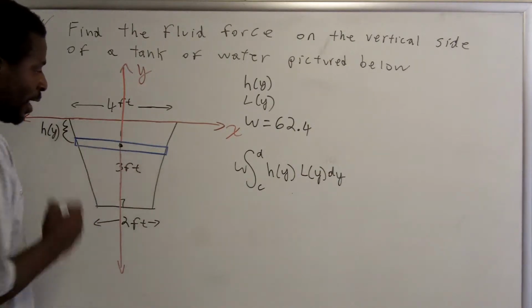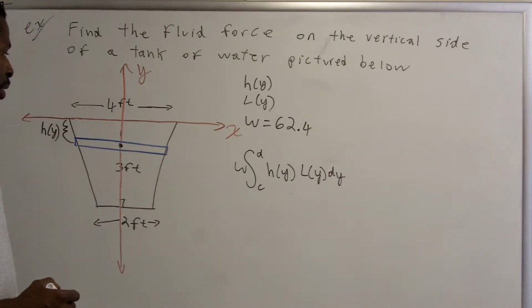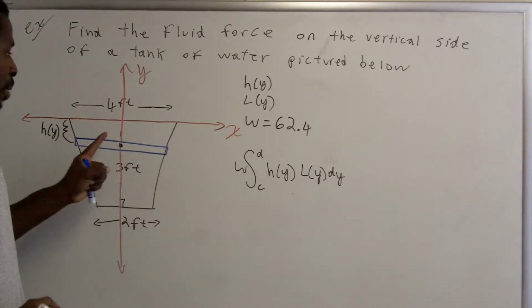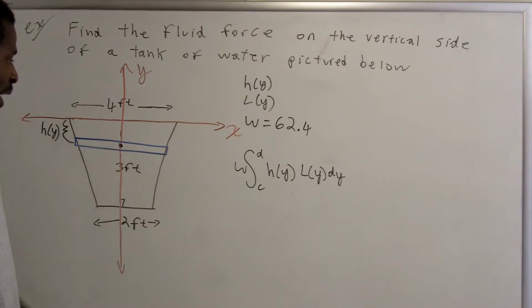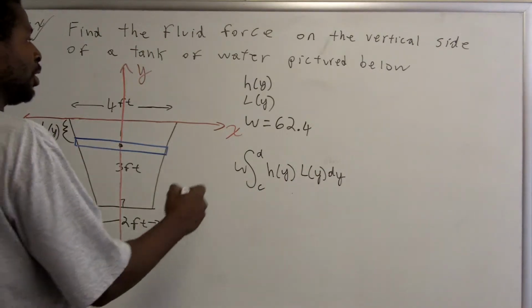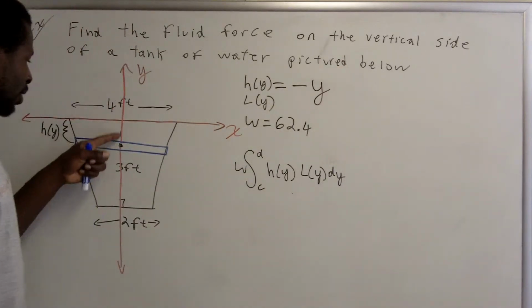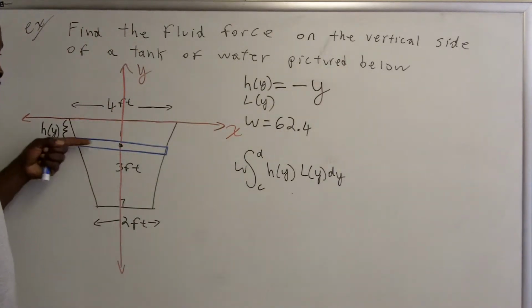The x value of that point is 0. The y value of that point is a negative number. So the depth h(y) is actually the opposite of the y value for that point.